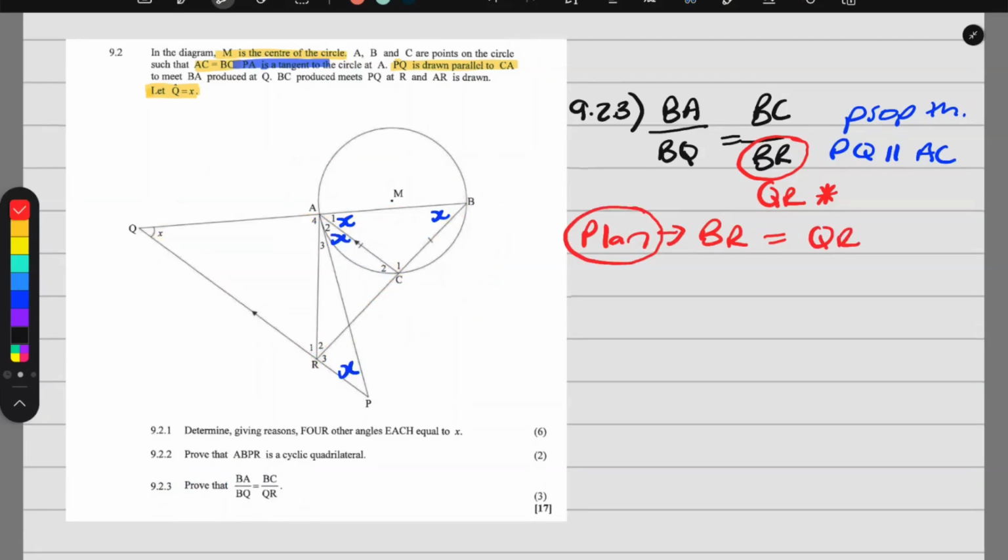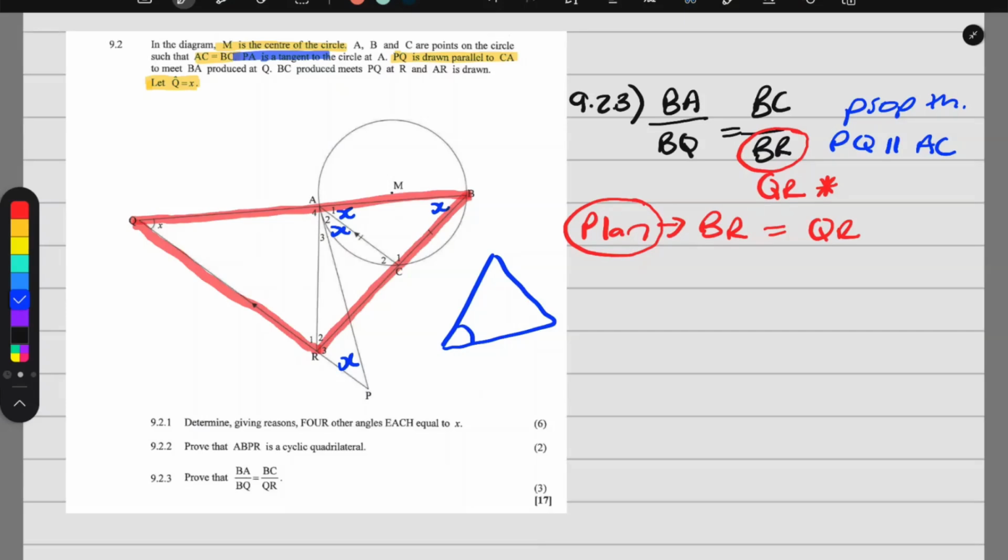I need to prove that this is the same length as this side. Now, if you have to prove two sides that are equal, do you see there we have a triangle. If you can prove that this angle is the same as this angle, then we can conclude that this side is equal to that side.